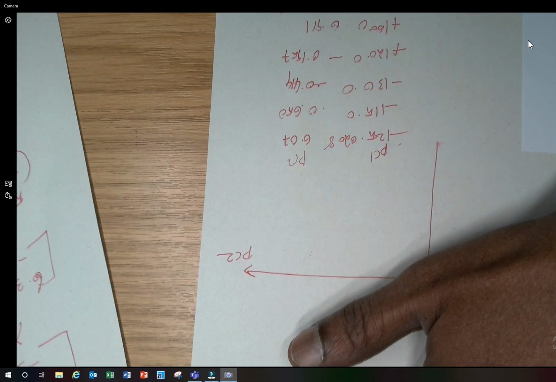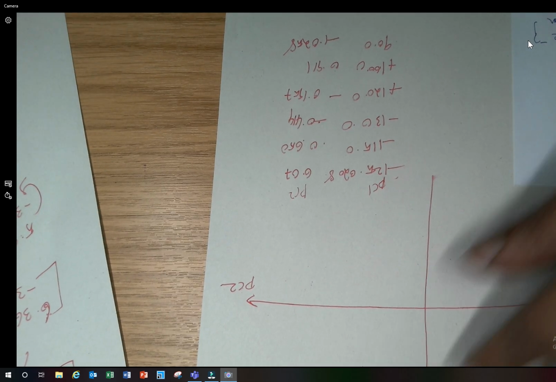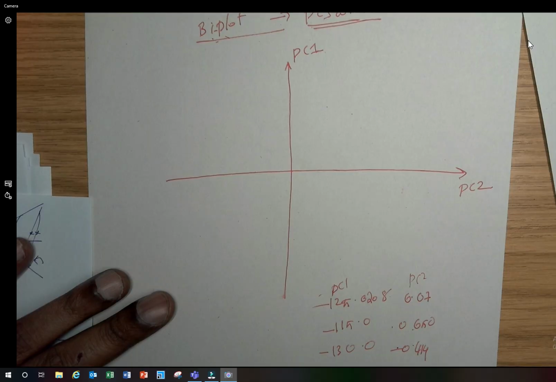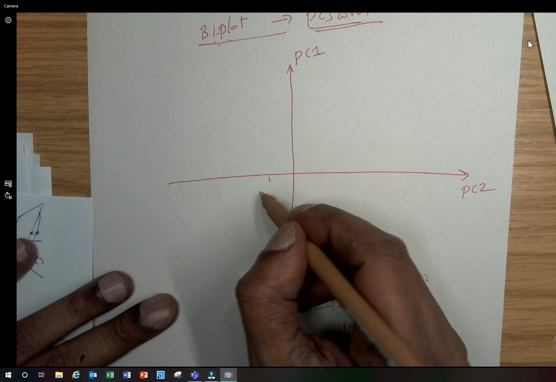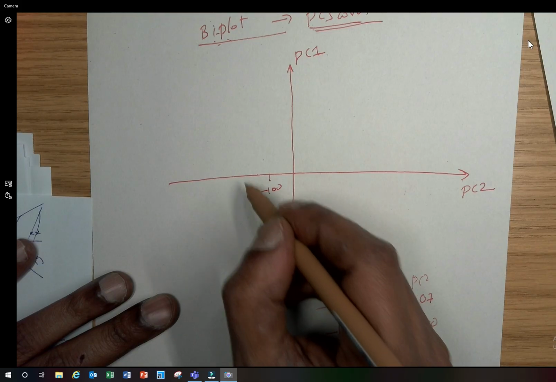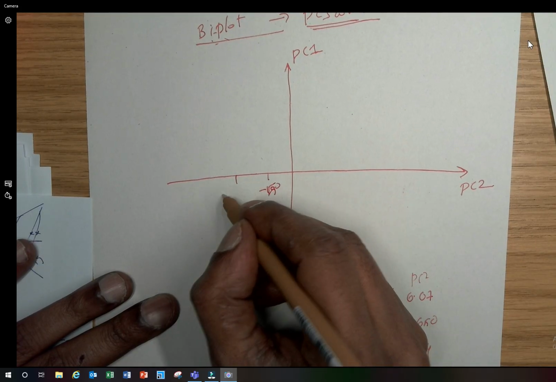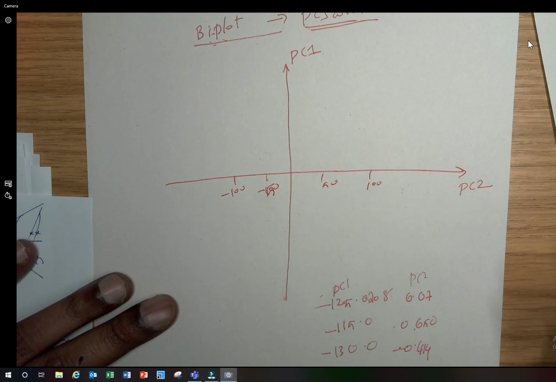So let's try to do that. Minus 100, minus 50, 50, 100.